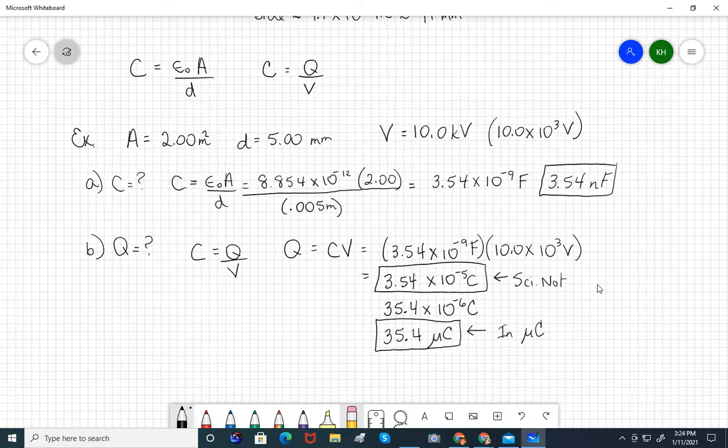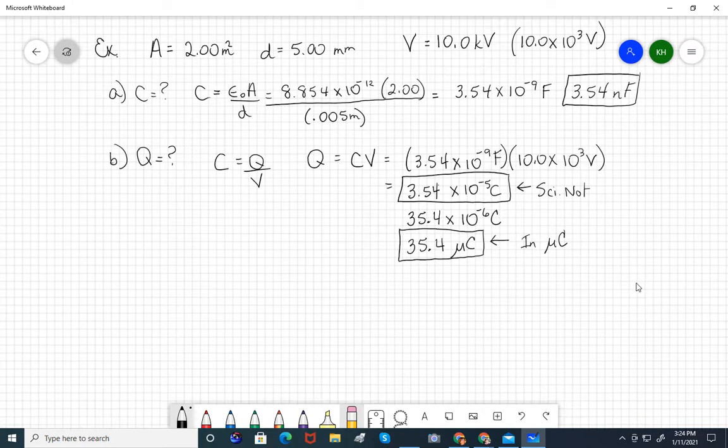There's one more question we can answer that we haven't yet, and that's what is the electric field between the plates? We know for a parallel plate capacitor, the electric field is simply the voltage divided by the distance. We have 10,000 volts.